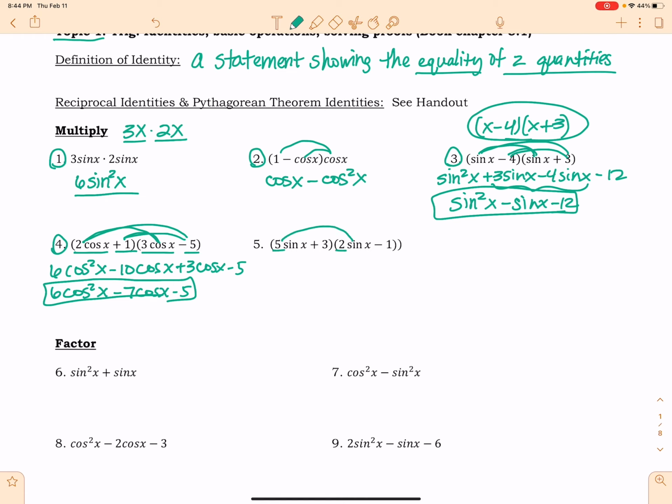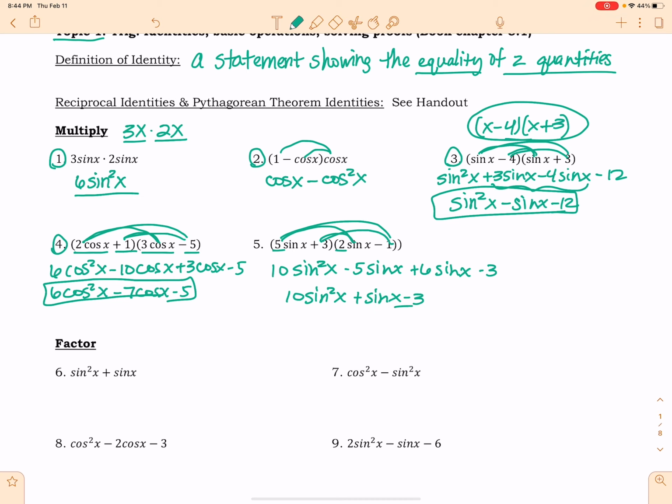So 5 and 2, that's 10. Sine squared x. Negative 5 sine x. 6 sine x. And negative 3. Easy peasy, lemon squeezy. Awesome. So we follow the same rules for multiplication that we do for everything. So I just want you to see what it looks like when we square sine or cosine, and this would apply to tangent, cosecant, cotangent, all of those.